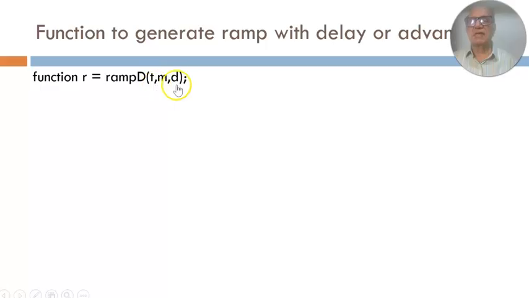These 3 are the input parameters for this ramp D function, and the output parameter is of course the ramp itself, that is R. This is an array.